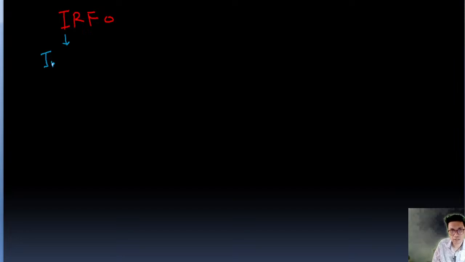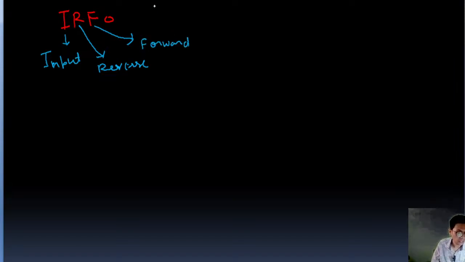I is input, R is reverse, F is forward, and O is output. IRFO. So this is IRFO. Here I'll show you this one.